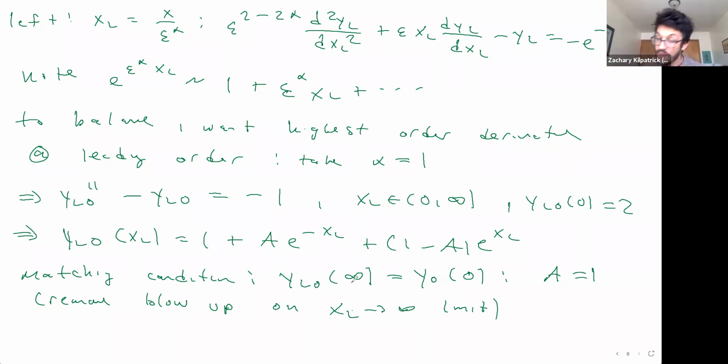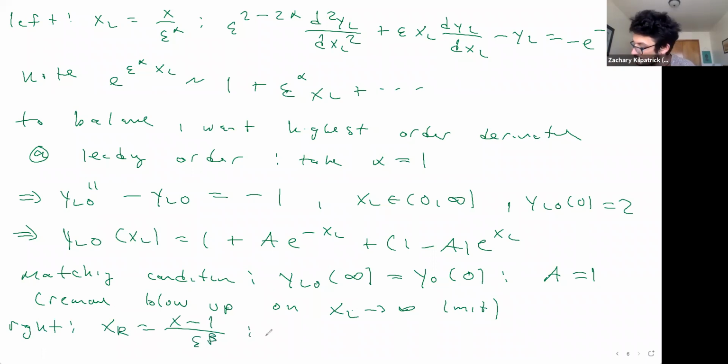So I have now my inner solution on the left. I should be able to get my right-hand solution in a similar way. Let's take XR equals X minus 1 over epsilon to the beta.